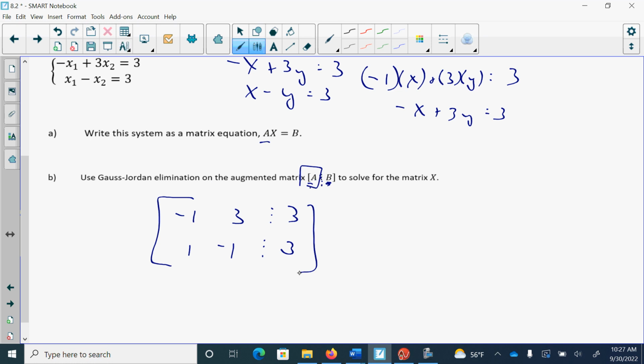Gauss-Jordan elimination means what? That's another word for what? Reduced row echelon form, which means my main diagonals have to be 1s. Everything else has to be 0s on the coefficient side. Does that make sense? So you can't do the back substituting.